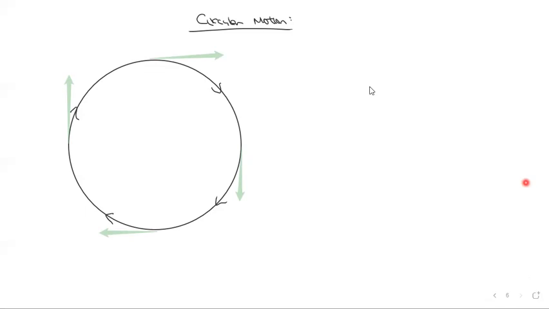And because velocity is a vector, that means it's changing direction. It's got both magnitude and direction. And you can clearly see that as it goes around the circle, it's changing direction, which means there must be acceleration. And that acceleration can be proven, but we won't do so, to be towards the center. And hence is given the term centripetal acceleration.